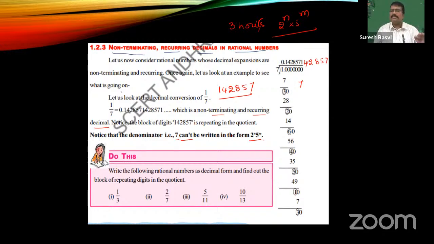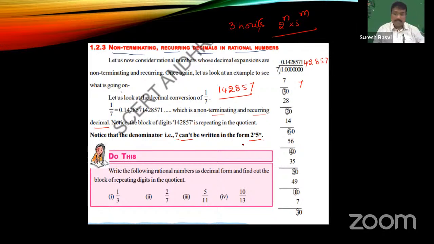Non-terminating recurring decimals occur if the denominator is not in the form of 2 power n into 5 power m. Okay, write the following rational numbers in decimal form and find out the block of repeating digits in the quotient.